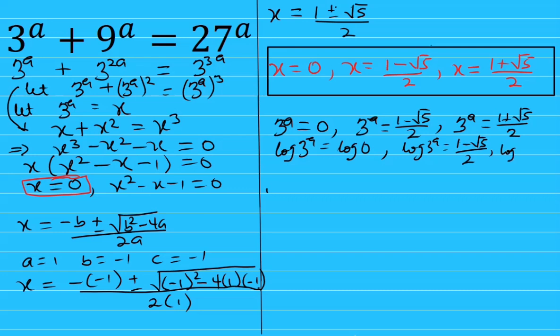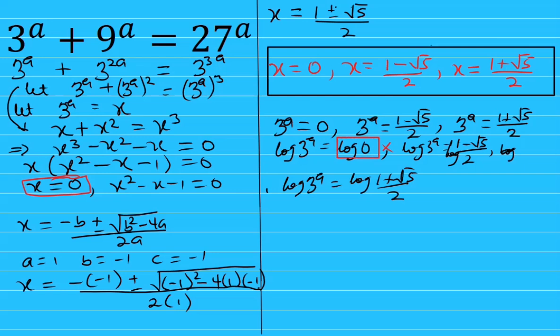And then we also have the last one, which is log 3^a equal to the log of 1 plus root 5 over 2. But you realize that we don't have the log of 0, so it will be taken out.